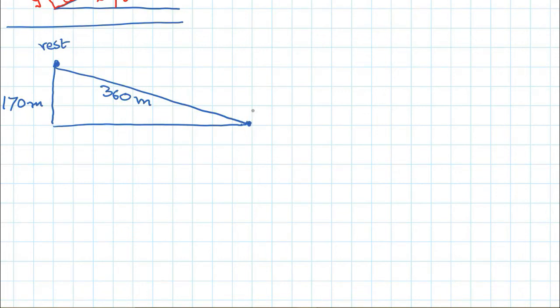And the gravity acts vertically downwards. So this angle is theta, and I can take any point on this slope. I'll draw it again here. That is y, and that is x, correct? Let's say this is where the skier is.